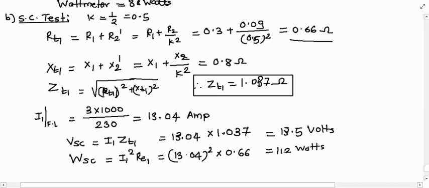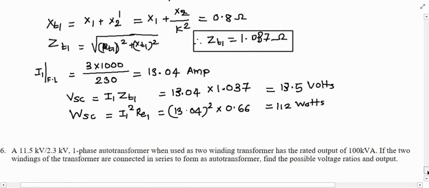Okay, students. So what are the instrument readings? At the time of short circuit, my voltmeter will show me 13.5 volt reading. Right? My ammeter will show me 13 ampere reading.